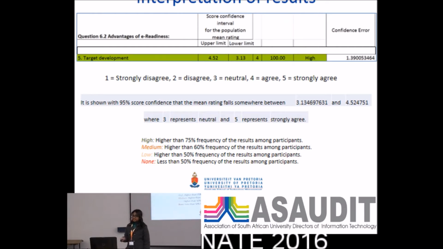You could make a statement at the end of the calculation by saying it is shown with 95% confidence that the mean rating falls somewhere between 3 and 4, where 3 represents neutral and 5 represents strongly agree. In addition to that, you could do a percentage frequency calculation to determine whether the consensus was low, medium, or high with that particular statement.